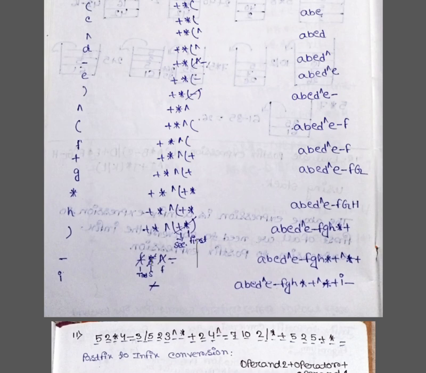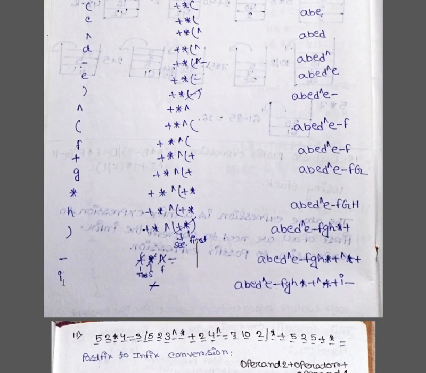This multiplication operator has the higher precedence level, so we need to pop it out also. Then this plus operator and this minus or subtraction operator both have the same precedence level, so they cannot stay together, so it will also be popped out.